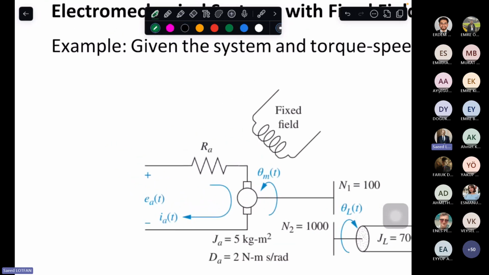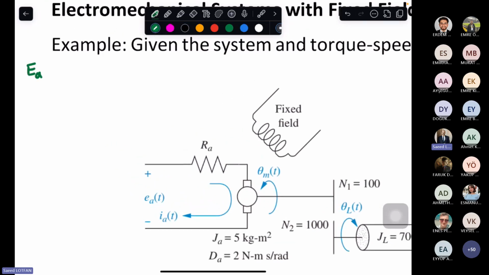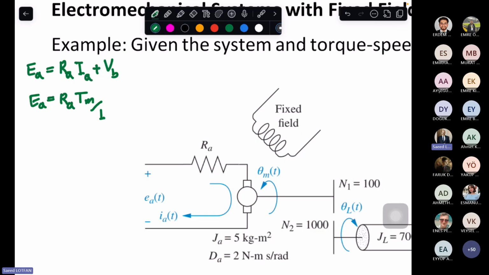I have the EA from the armature equal to RA IA plus VB. I don't have the inductor here. And EA would be RA, this guy will be TM over KM, plus KB S theta M.